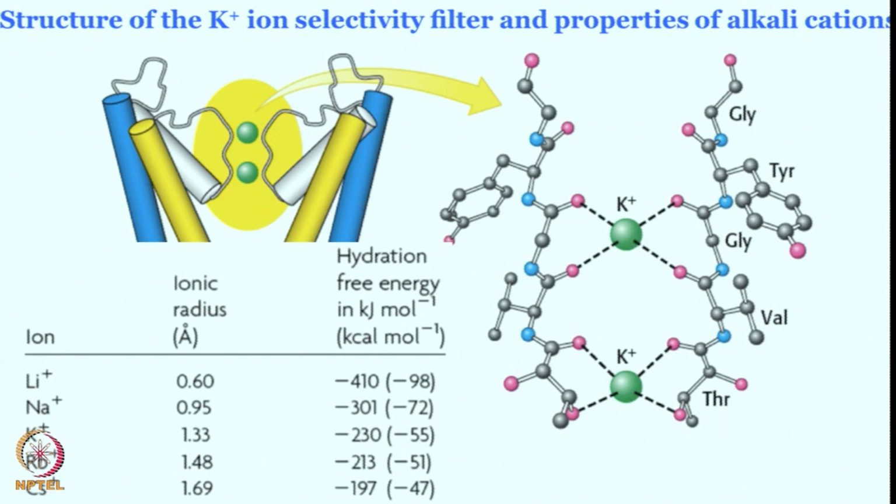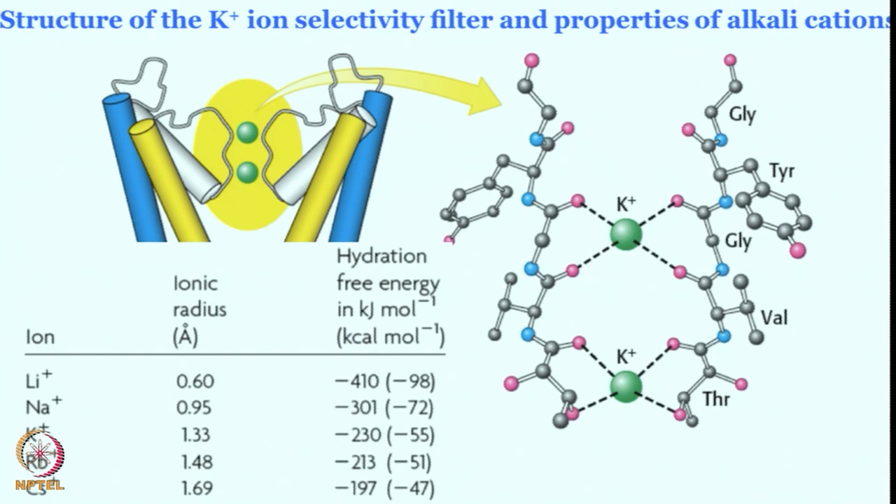On the other hand, for lithium and sodium, since the hydration free energy is quite high, water molecules would not like to drop off from the lithium and sodium primary coordination sphere, and therefore they would like to stay as lithium aqua complex and sodium aqua complex, which has a large radius compared to, of course, the ionic radius for free lithium and sodium.